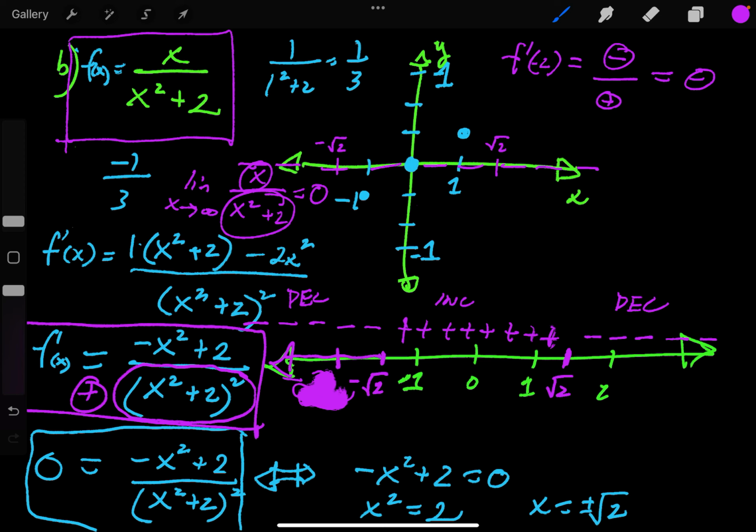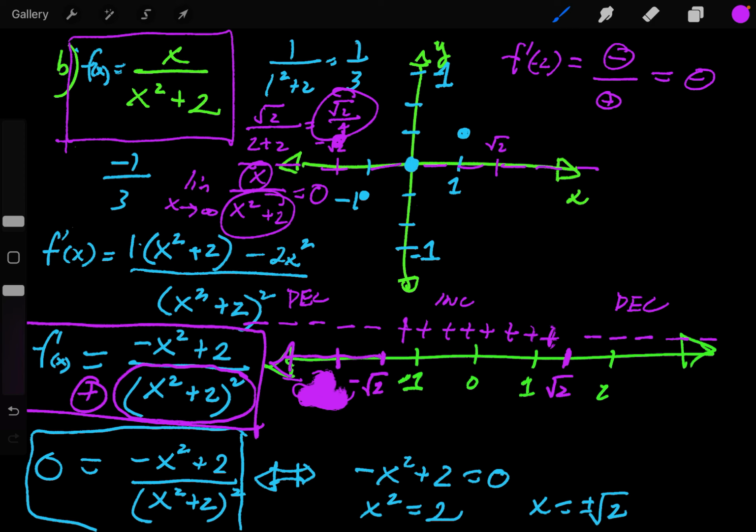So it's decreasing, and then at root 2, what happens? At root 2, it's root 2 over 2 plus 2, which is just root 2 over 4. So root 2 over 4 is some positive value that's like up here. So what's happening? It's decreasing at this point. How could it be decreasing to get to here?